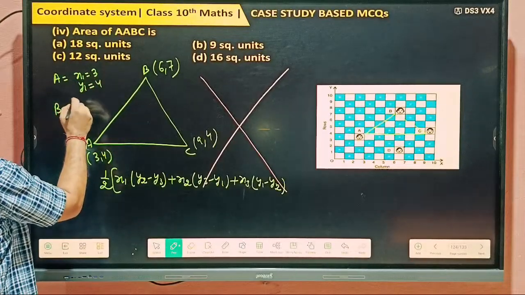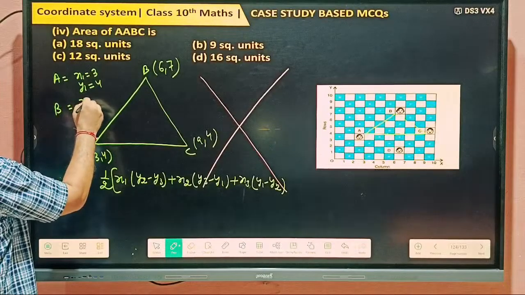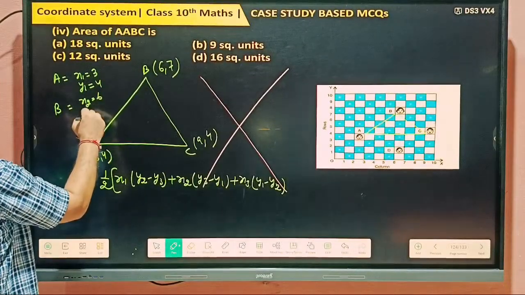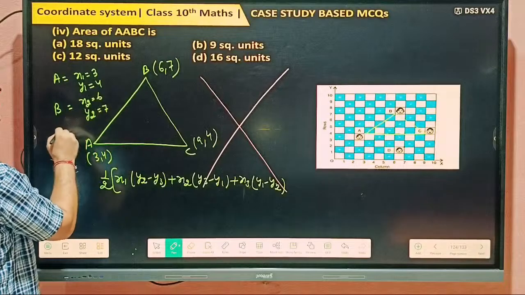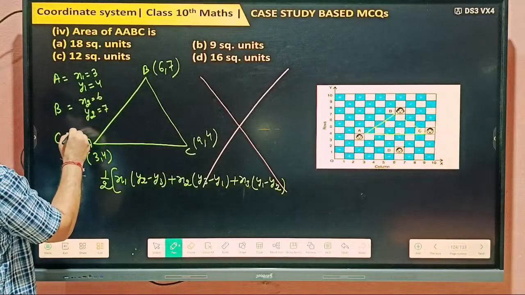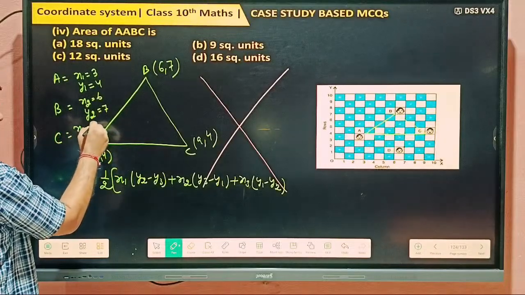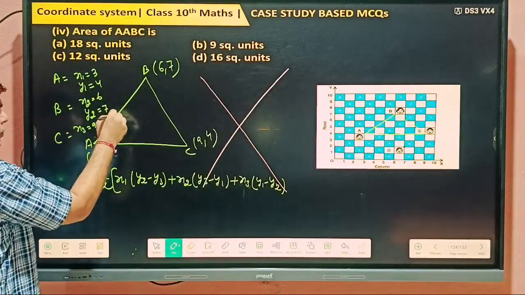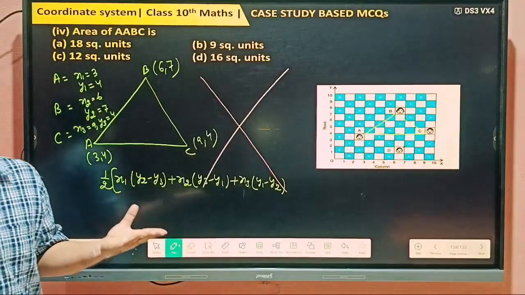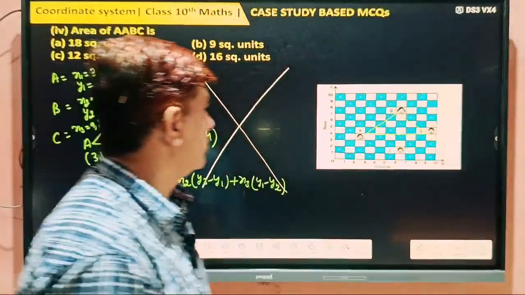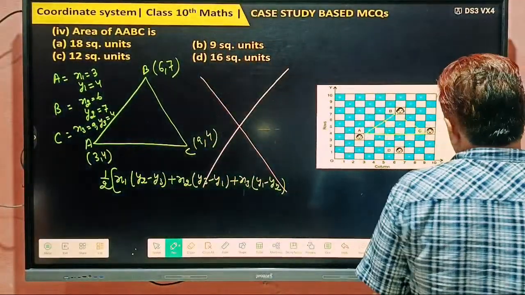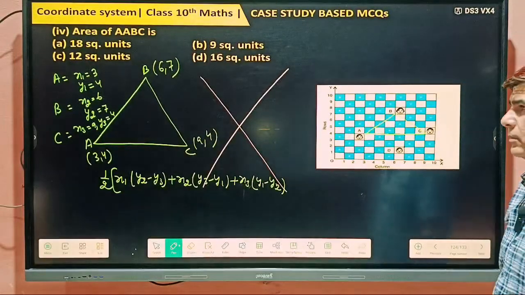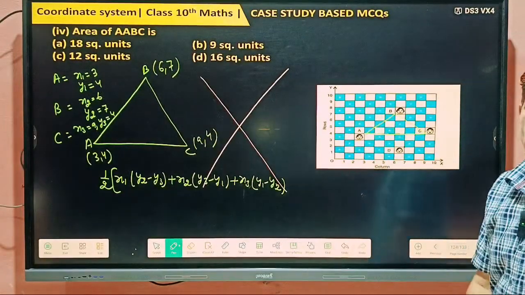B coordinates x2 equal to 6, y2 equal to 7. C coordinates x3 is equal to 9 and y3 equal to 4. You can put the values and find out. This is not given in our syllabus, that's why I don't want to solve it. But I told you if you want to solve it.